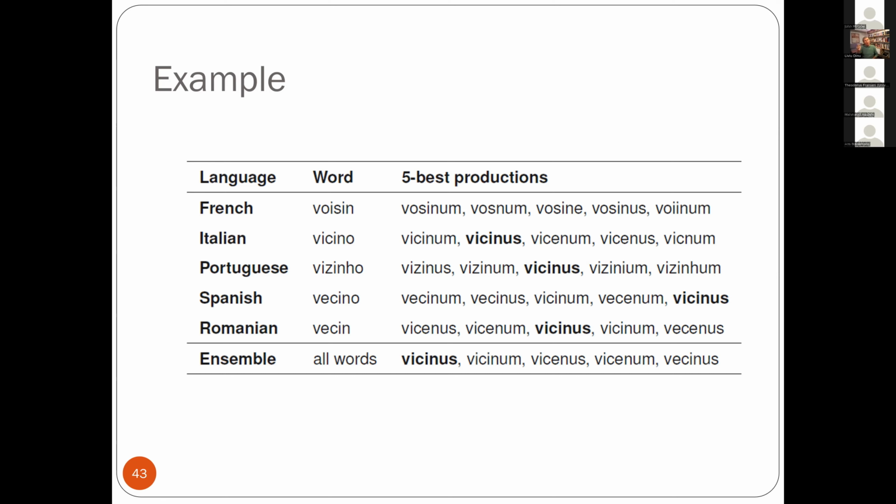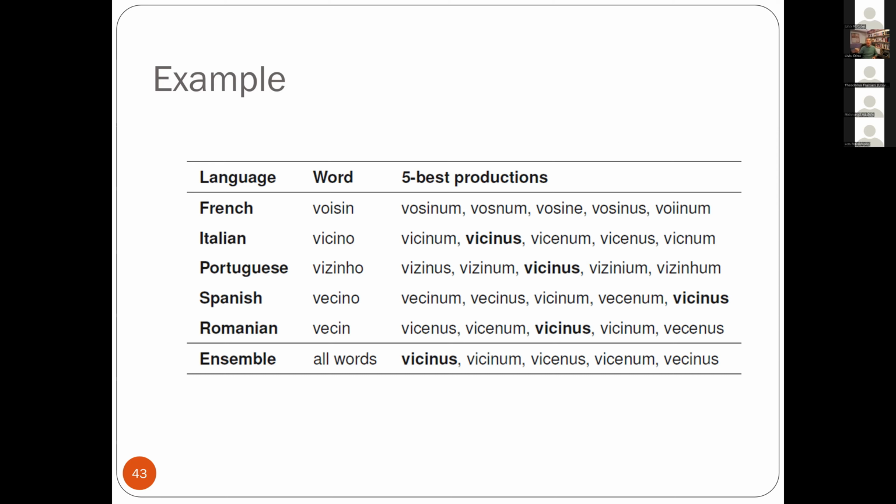We said, okay, when we made the comparison, we can see that, for example, for French we have one accuracy. For Italian, maybe we have a different accuracy. For Spanish, a different one, and for Portuguese, a different one. So each language comes with its own accuracy, and we decided finally to take this accuracy into account.